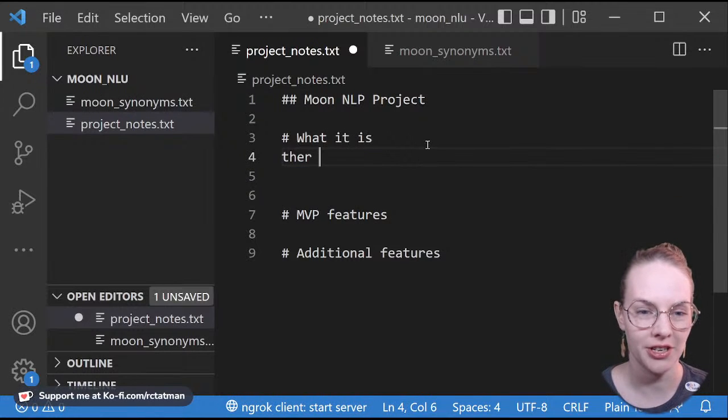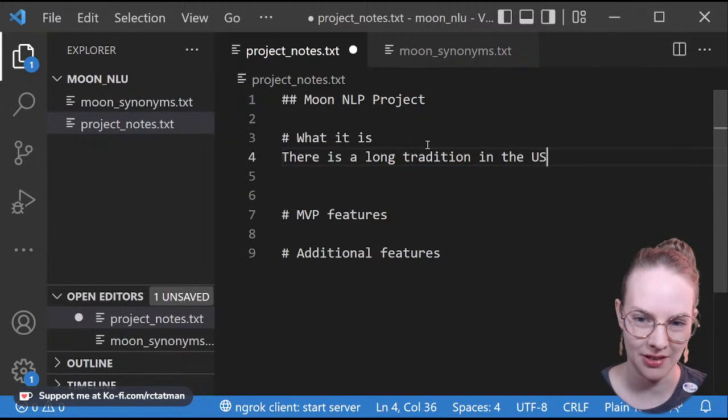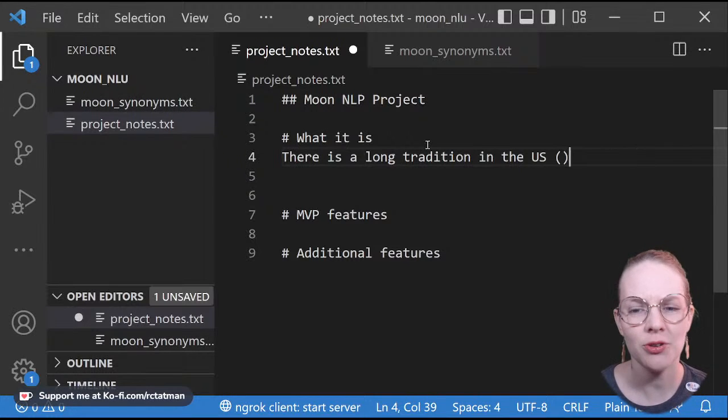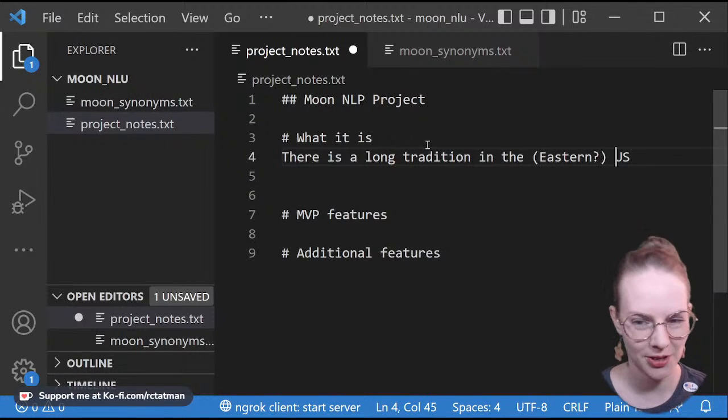There is a long tradition in the US, Virginia. It's most of the US, right? Because the farmers all in the Eastern question mark? I don't know how widespread this is either.